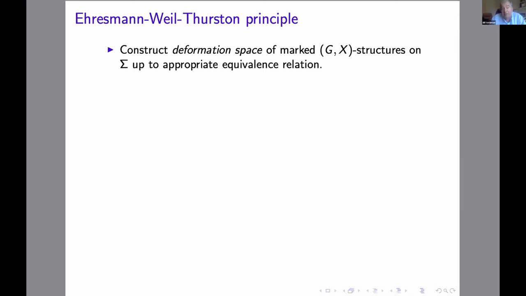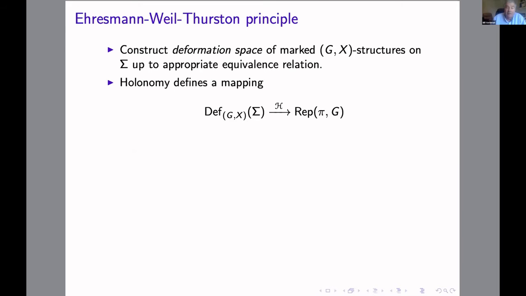We would like to build a space, like a moduli space or a deformation space, and so we take marked geometric structures, and call that the deformation space. The association to the representation of the fundamental group defines a mapping from the deformation space into the space of equivalence classes of representations of the fundamental group into G.